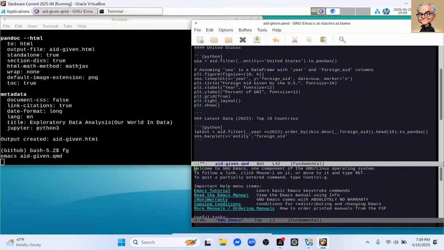Let's try this. Let's make entity the y-axis and the value the x-axis.